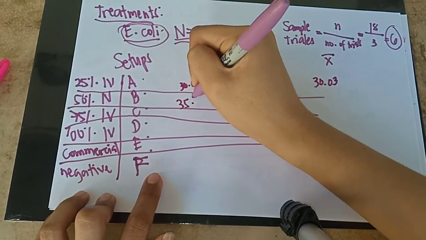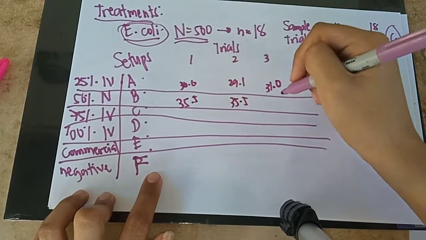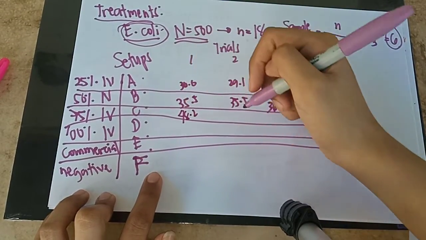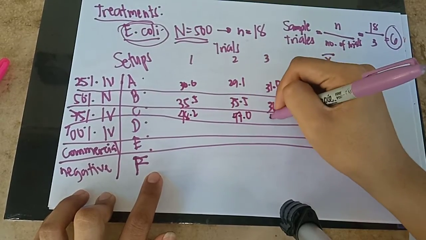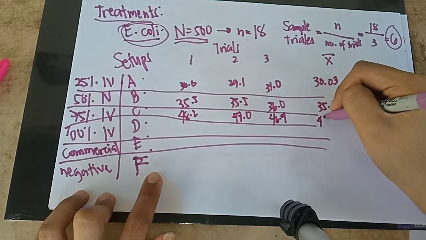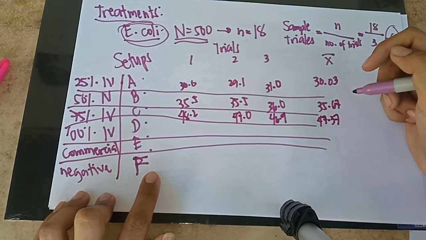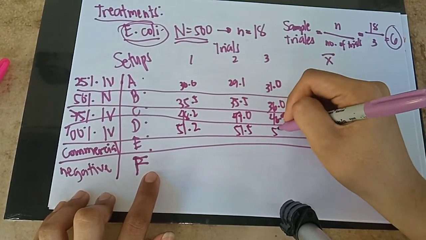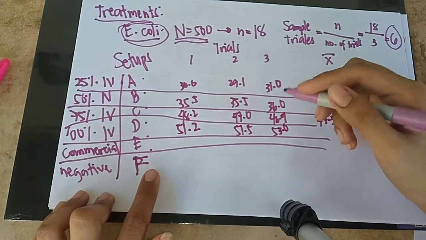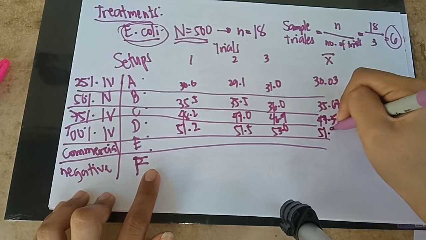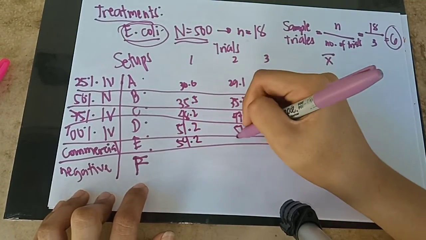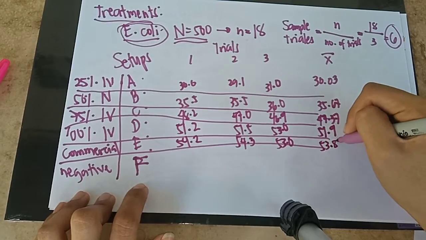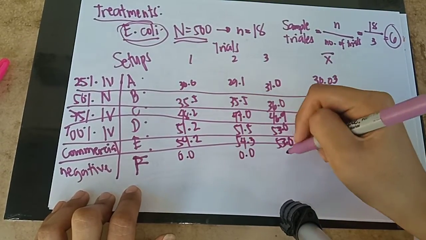Let's say we have 35.5, 35.5, and 36, giving 35.67. Then 48.2, 47, and 46.9, with an average of 47.37. Then 51.2, 51.5, and 53, giving 51.9. Then 54.2, 54.3, and 53, giving 53.83. And the negative, of course, is 0, 0, and 0.